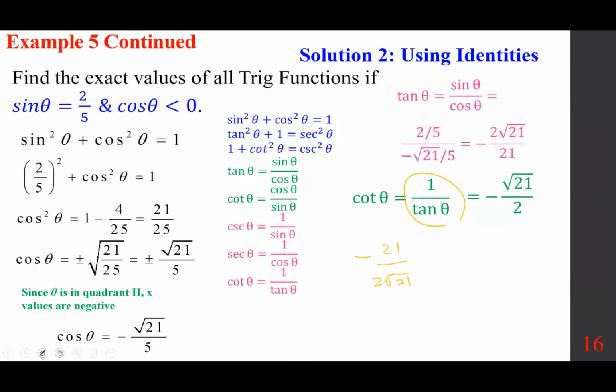And when you do that, the product of these two is 21. That's how you arrive at this answer. I want to make sure that you can handle the algebra behind it. It's really simple. So cotangent is the reciprocal of tangent.